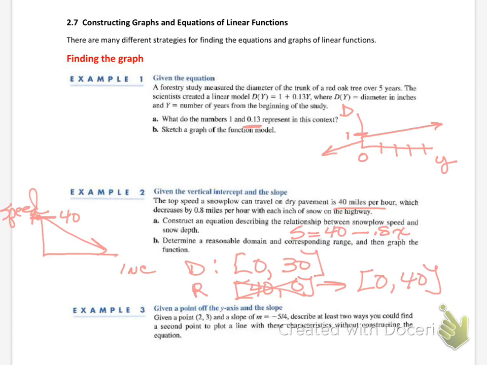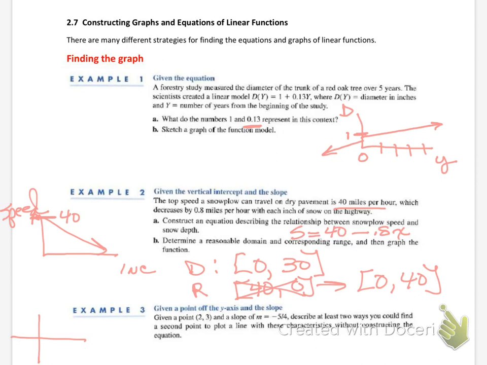Okay, so example 3, given a point off the y-axis and the slope. Given a point (2, 3) and a slope of m equals -5/4, describe at least 2 ways you could find a second point to plot a line. I have one way.